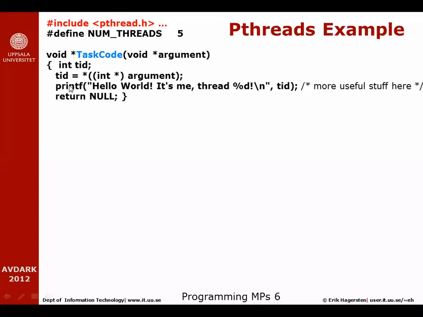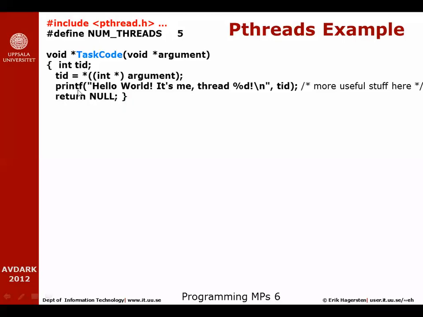All we do here is print hello world, it's me, thread number, and then print the thread ID number that you received as an argument. Of course, this is where you would probably put some more useful code if you were to write a real parallel program, and then you return NULL just to show that this execution terminated in a sane way.